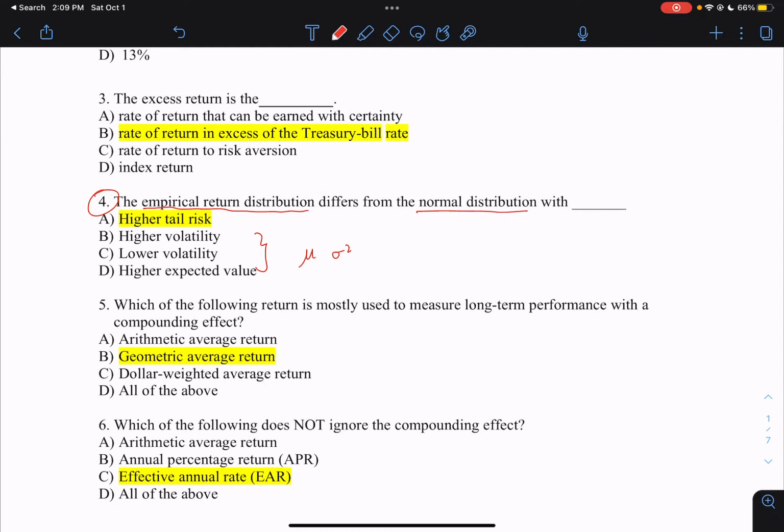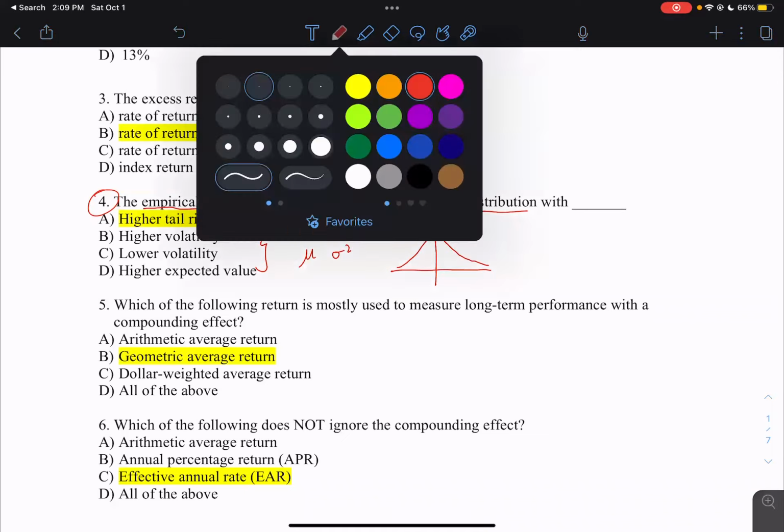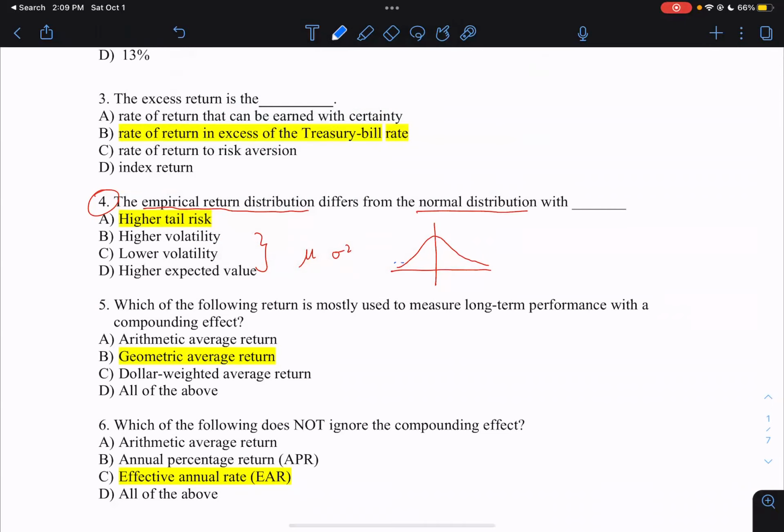And higher tail risk means, as I said in class, if a standard normal distribution, say this one, the red line, represents the normal distribution, then in the data, what you observe might look like this.